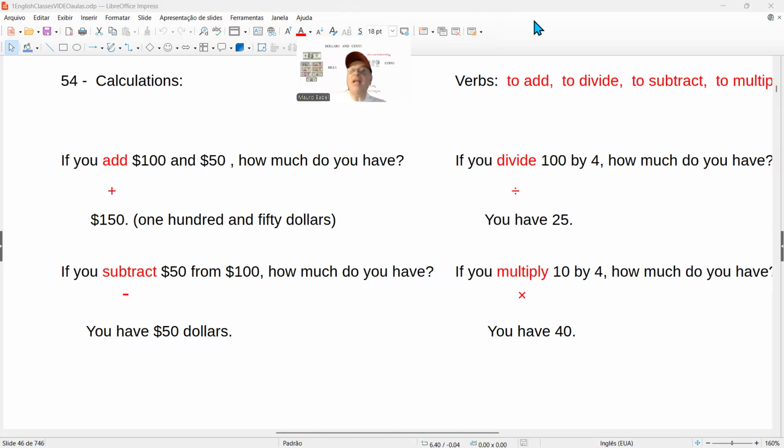A gente usa esses sinais, né? Plus, dividir, menos e vezes, multiplicação.